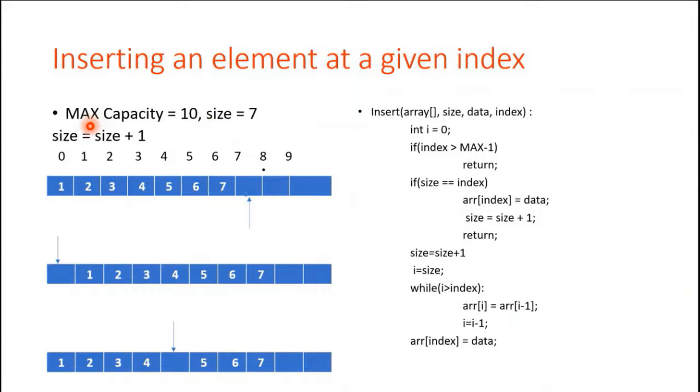First, I'm going to tell you how we allocate the memory. We allocate the memory by declaring an array. This is static allocation. At the starting of the code, we give the max capacity to our array. We declare an int array.